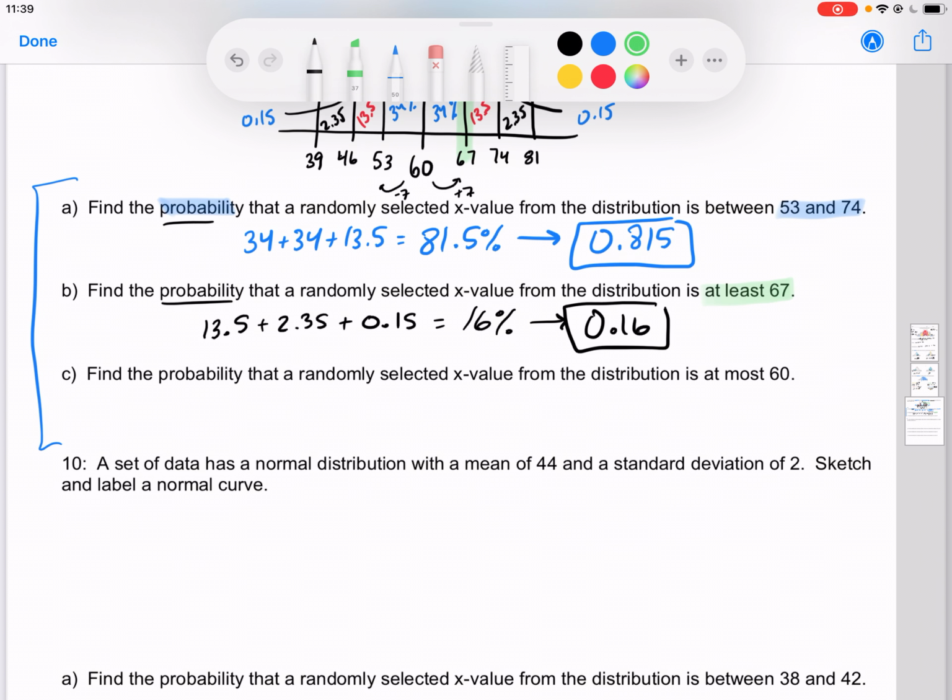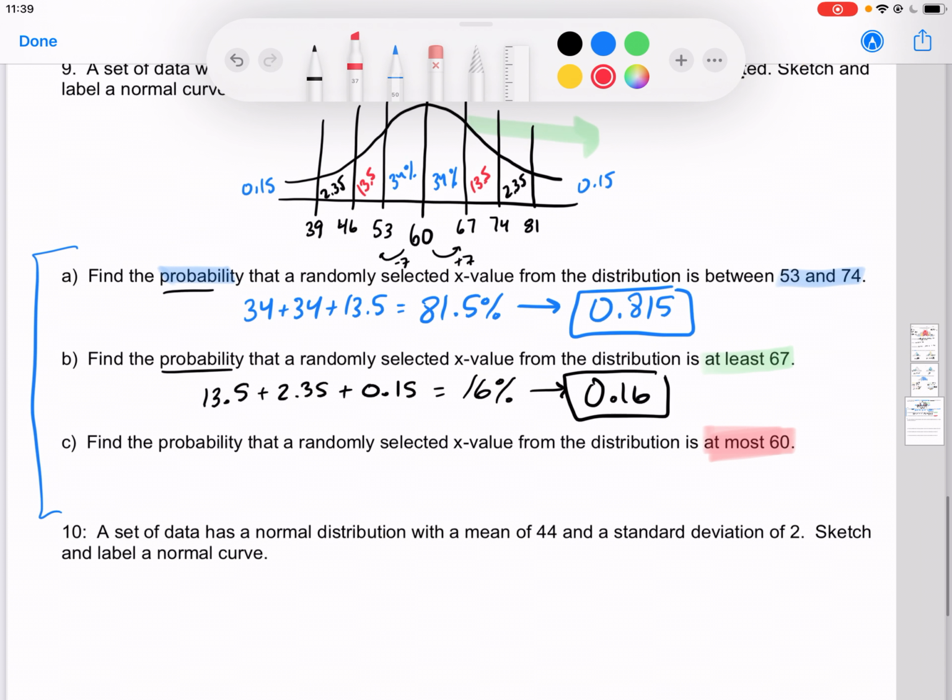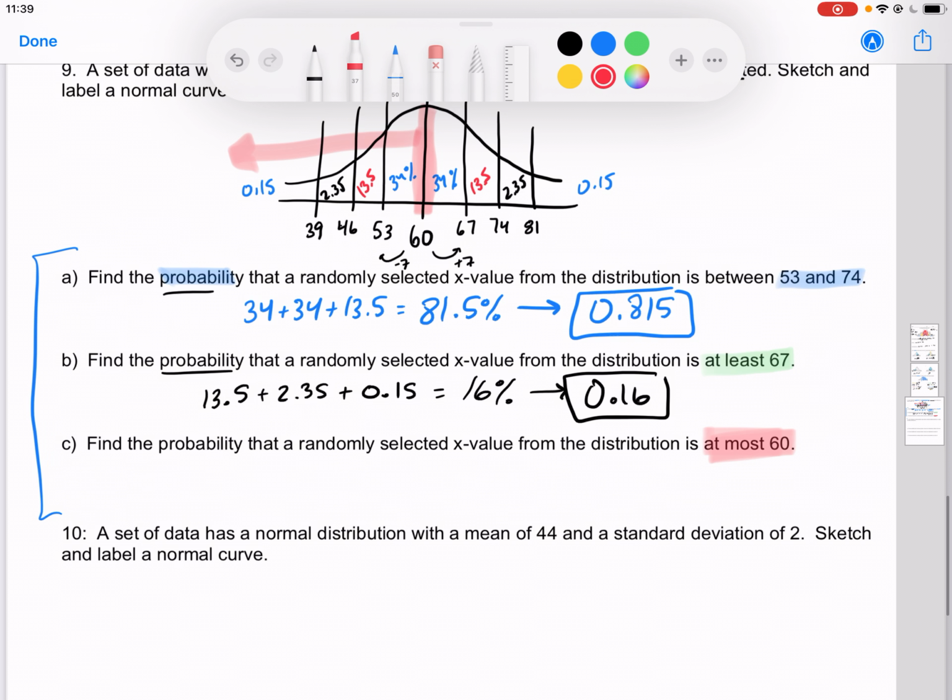Last one on this problem. The next one tells us we want to be at most 60. So we find 60. At most 60 just means you don't want to go any bigger, so anything less than 60, 60 or below. And since it's right in the middle, because it's symmetric, that tells us you'll have 50% of your data below and also 50% above.